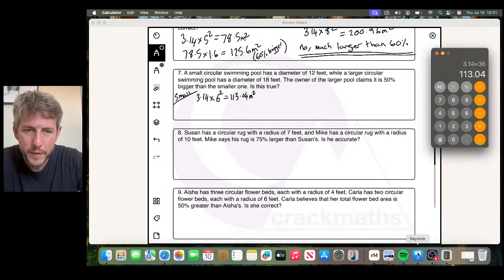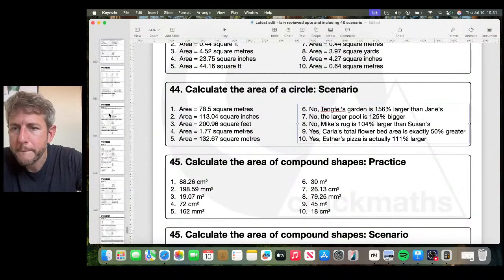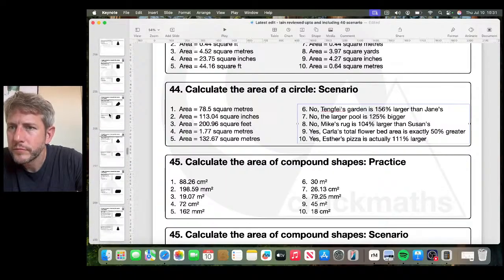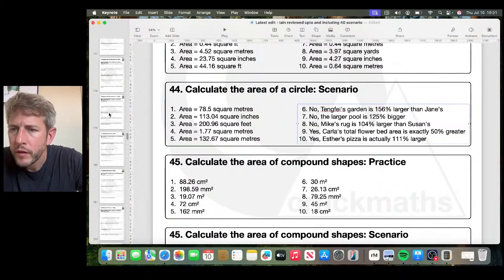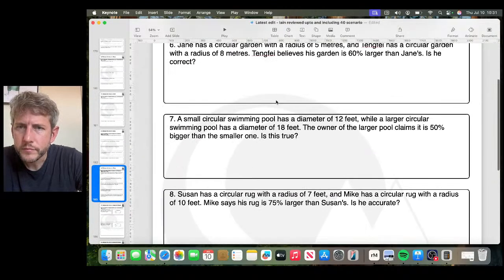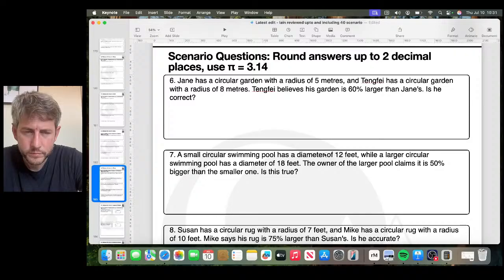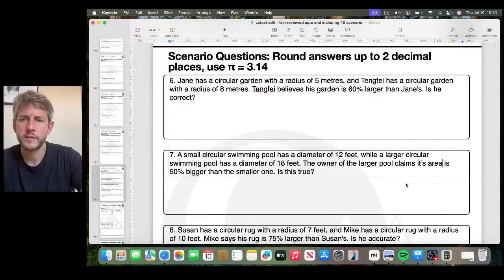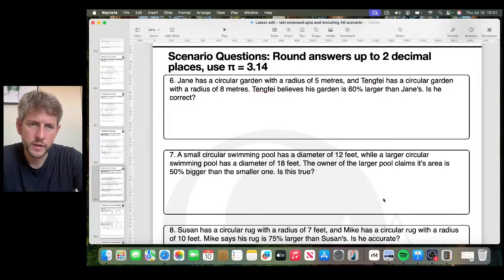Right, page 183. The owner of the larger pool claims its area is 50% bigger than the smaller one.